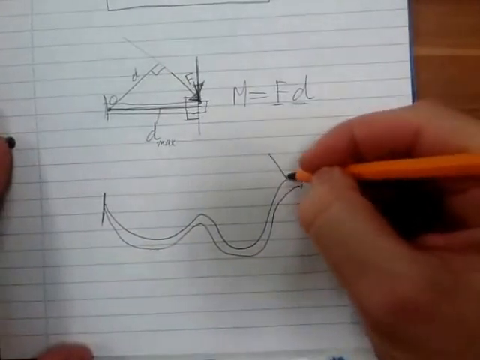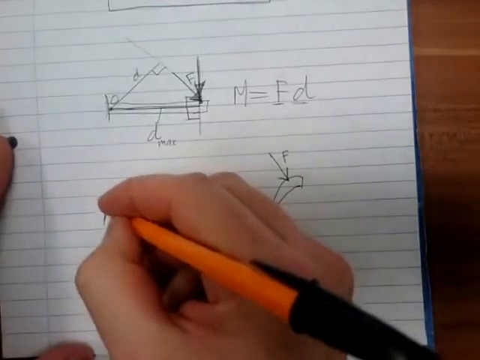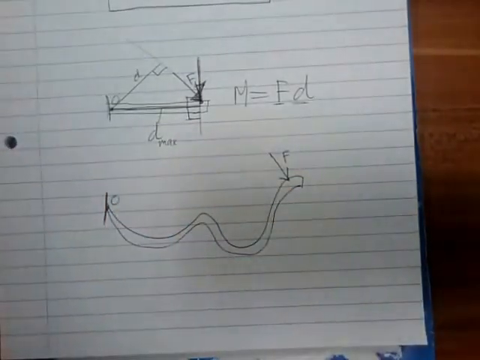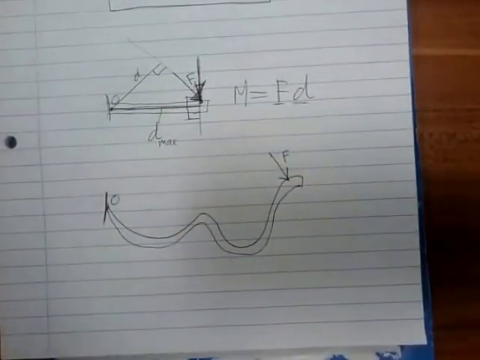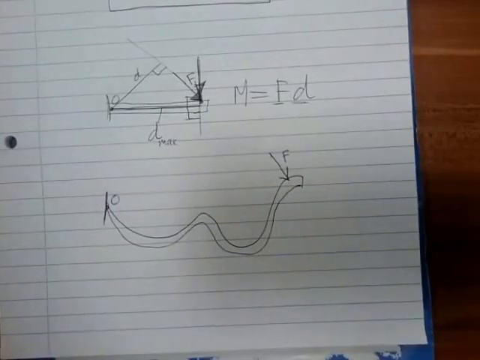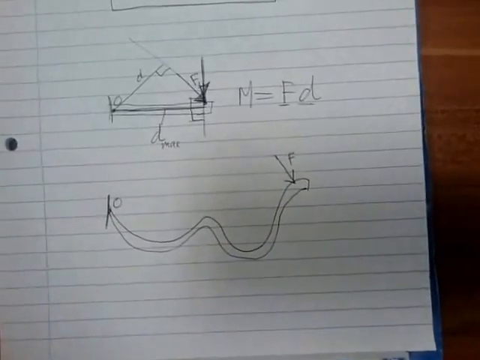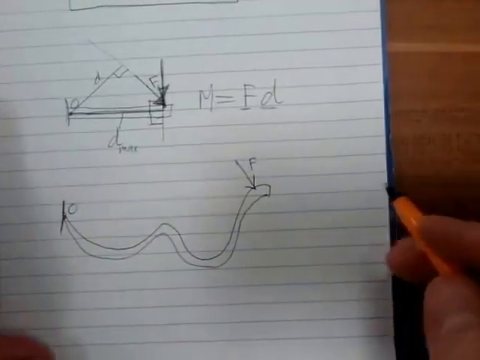And I say to you, I'm applying a force there, and there's my point of rotation, and I want you to tell me at what angle must my F be, what orientation must my force be, so that it gives me the maximum moment about point O.